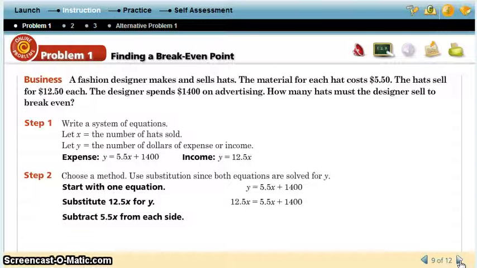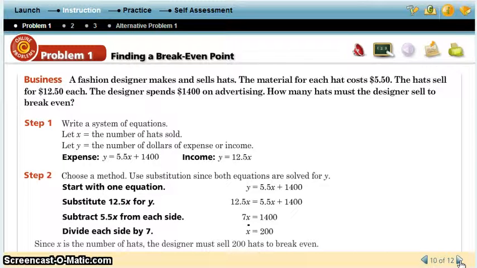Then subtract 5 5/10 x from each side. And divide each side by 7. Since x is the number of hats, the designer must sell 200 hats to break even.